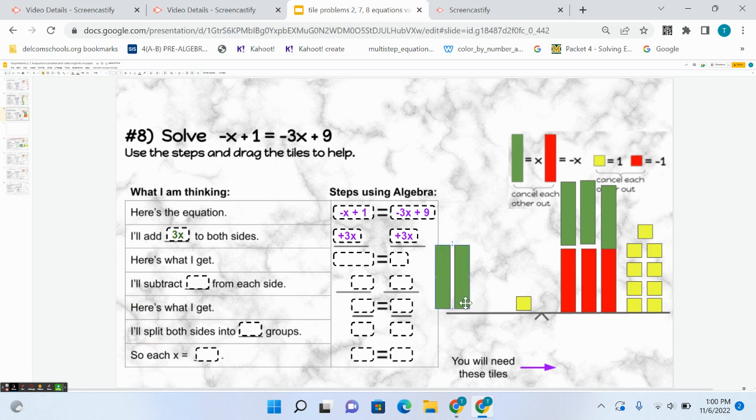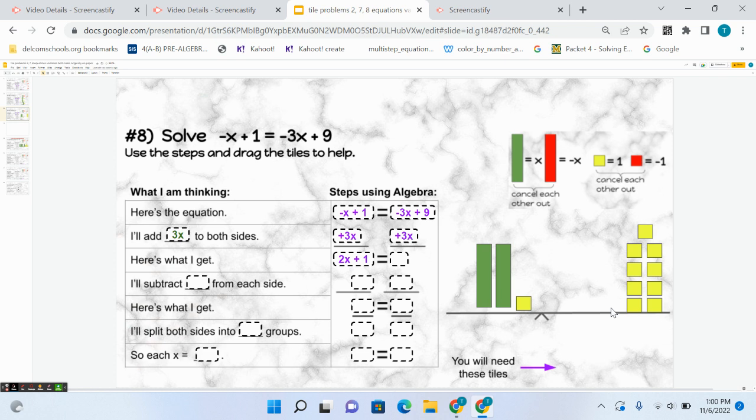So we're left with 2 rectangles and a yellow on the left, which is 2x plus 1. On the right, these 3 green rectangles and these 3 red rectangles all cancel each other out. So we're left with 1, 2, 3, 4, 5, 6, 7, 8, 9 on the right. After we added 3 green rectangles to both sides, we're now left with 2x plus 1 equals 9.